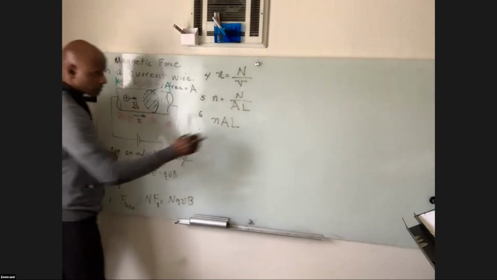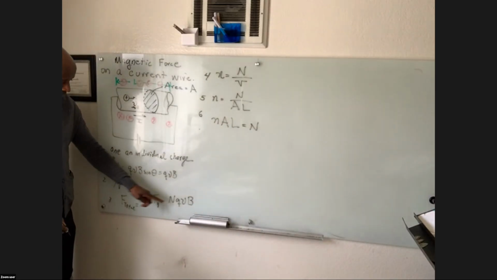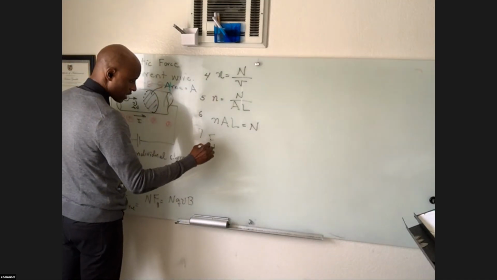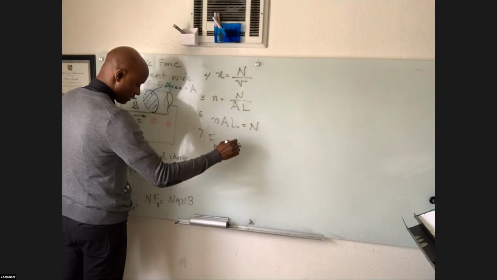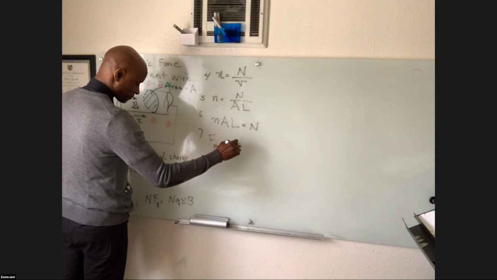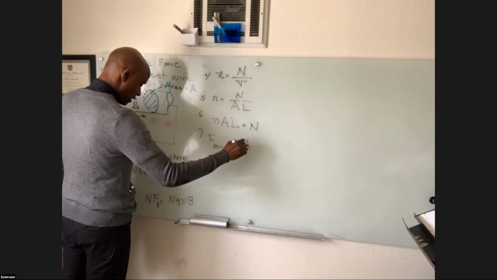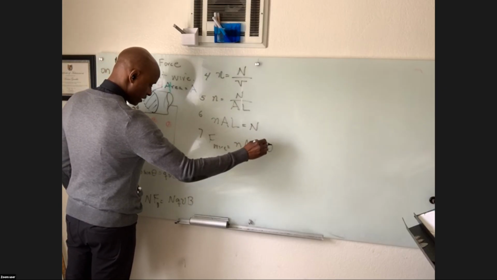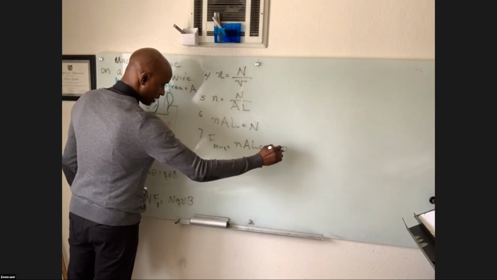If I take that and substitute it in for N here, then I have that my total force on the wire, F on the wire, is equal to n times A times L times Q times V sub D times B.